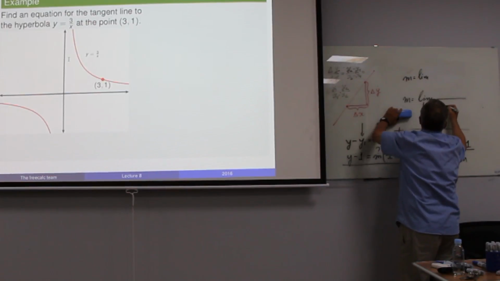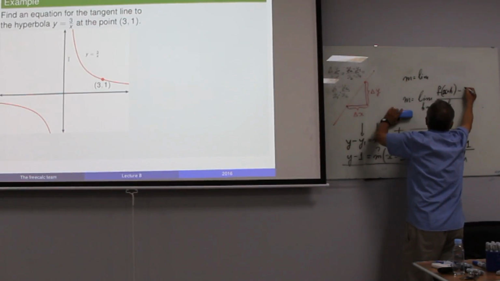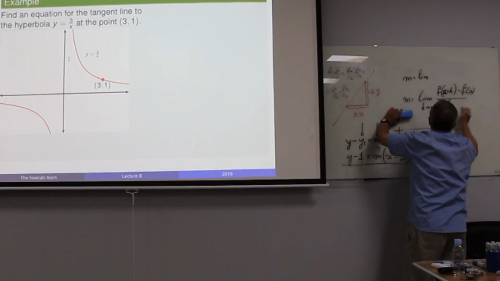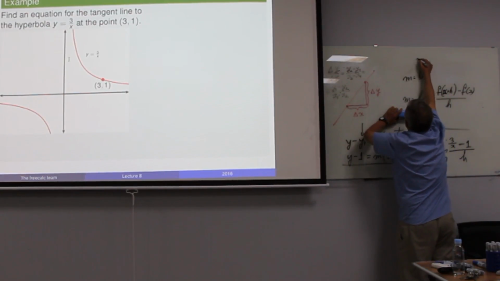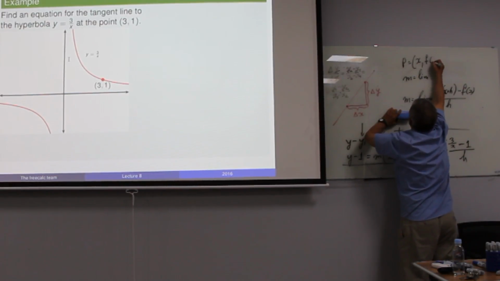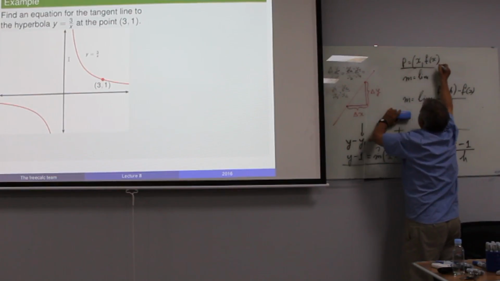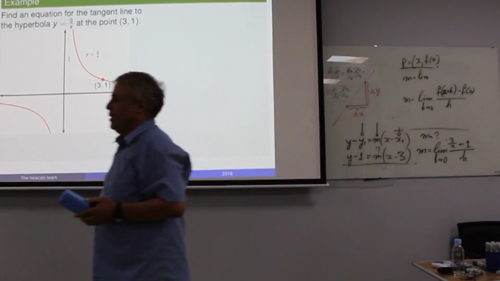X goes towards 0, here h, and here f of x plus h minus f of x. The point is x, f of x. We want to build the tangent line exactly at that point.